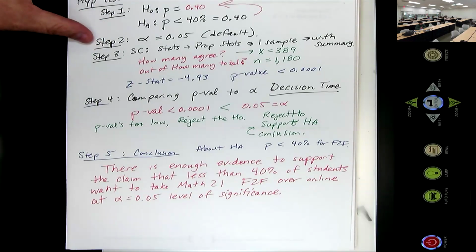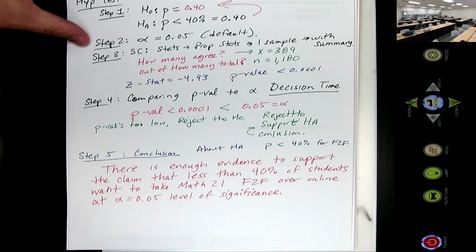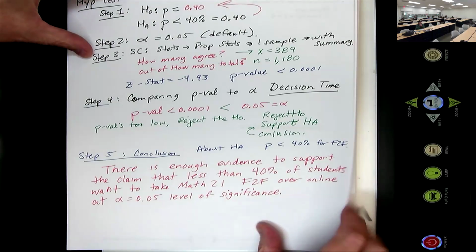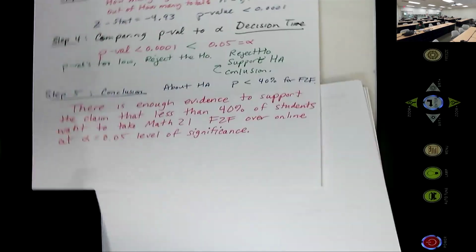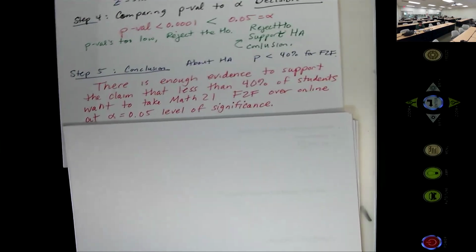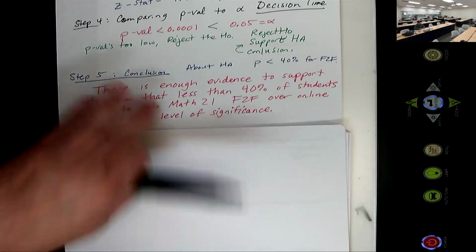I did want to point out something: what does the P value mean? And let's compare this kind of information to our confidence intervals, what we learned about confidence intervals. So what is this P value?